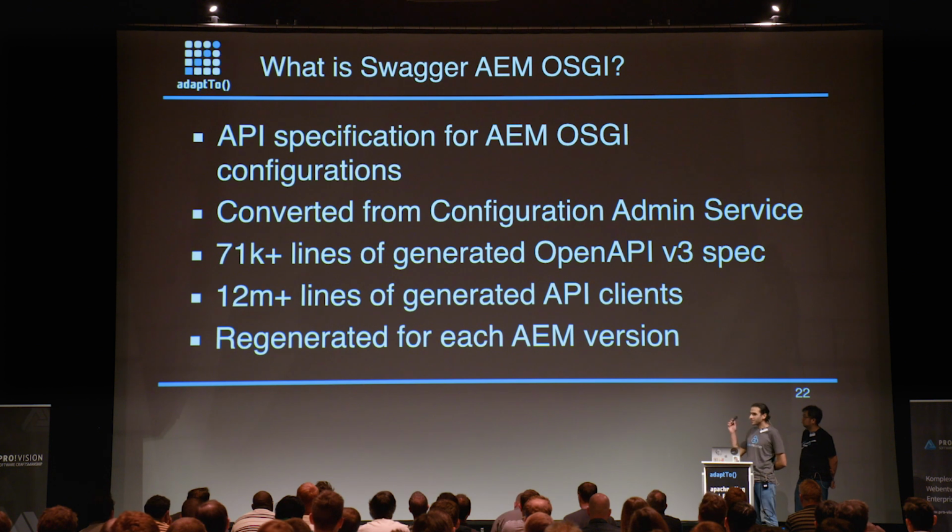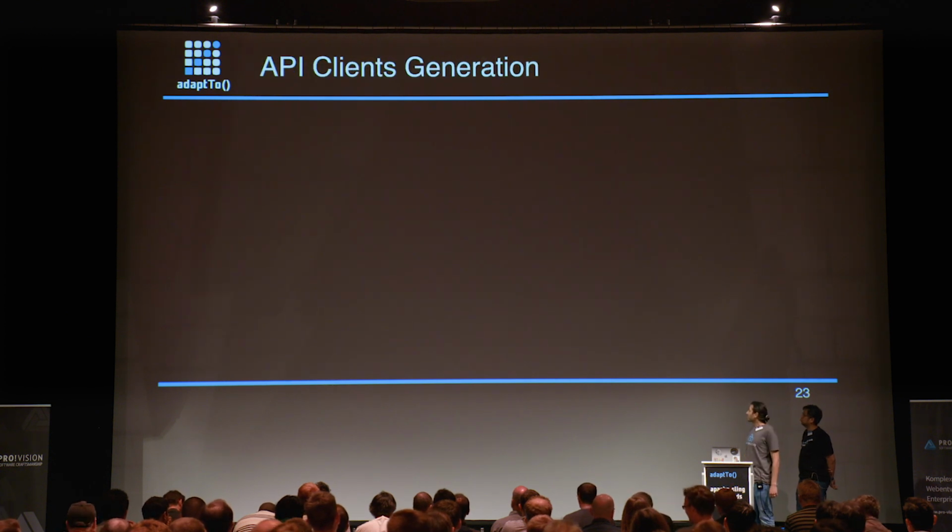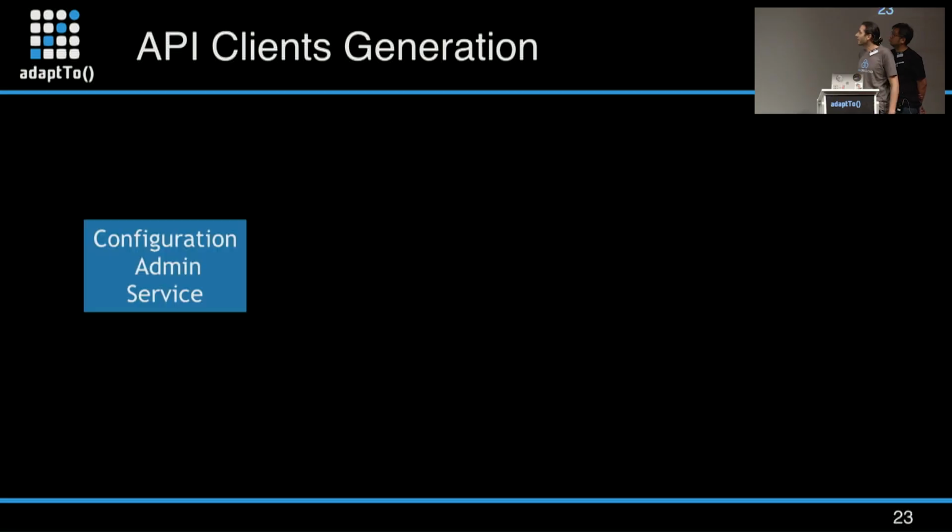And keep in mind, we tested it. We have to regenerate the OpenAPI spec each time for each AEM version, because with each AEM version, new config parameters are introduced and some old ones are removed from AEM. So how does the API client generation look like?